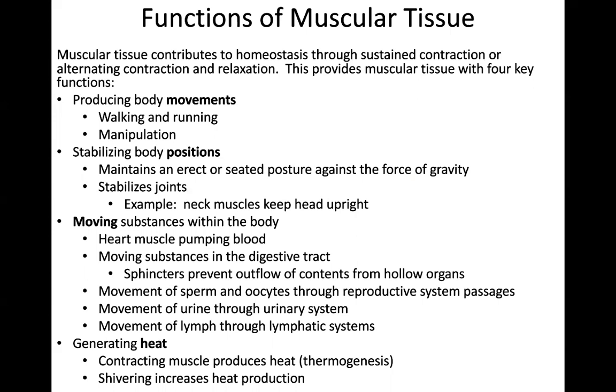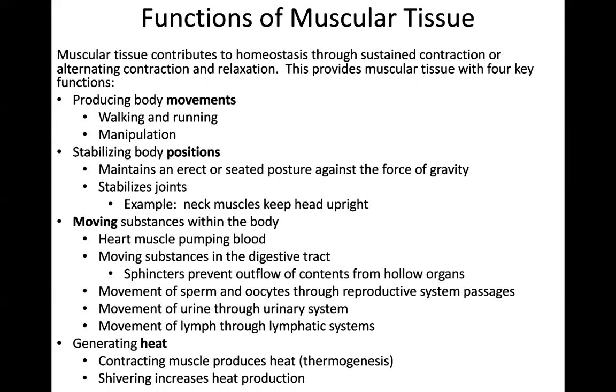We've also got sphincters that help hold the food in certain organs and only allow them out in certain increments. Sperm and egg cells or oocytes are moved through the reproductive system passages, urine through the urinary system, lymph through the lymphatic system, so on and so forth. I could go into much greater detail. But those all are examples of how smooth muscle works. And then the first bullet there under the moving of substances obviously relates to cardiac muscle.